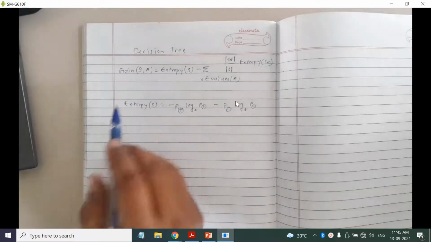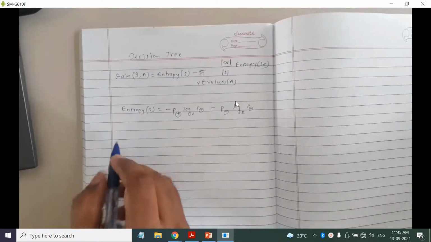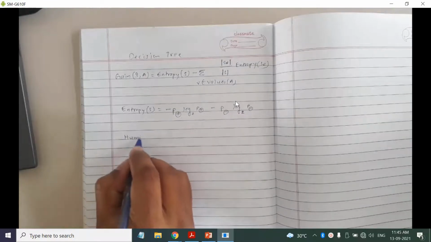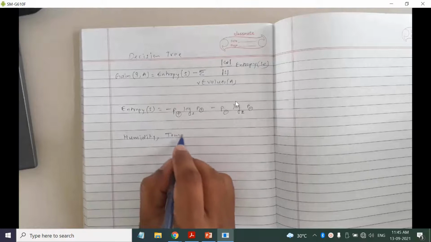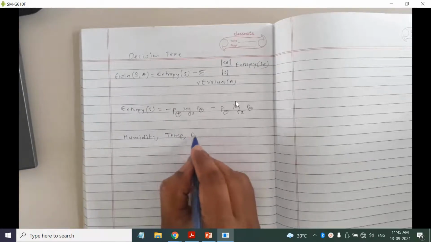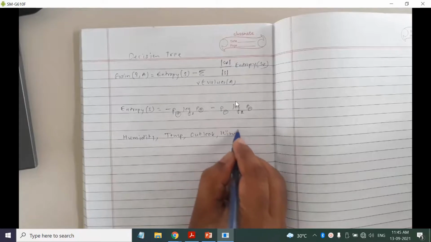So we have to calculate gain for every attribute. Here we have 4 attributes: humidity, temperature, outlook, and wind.